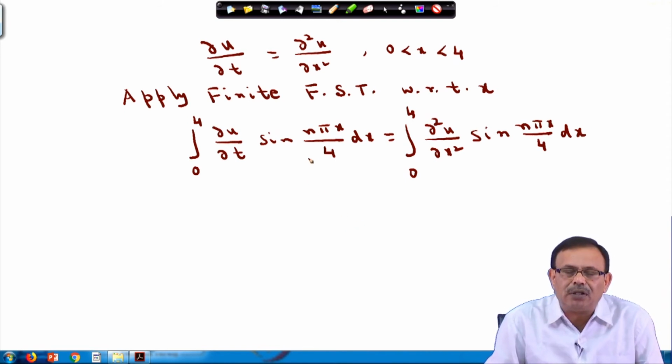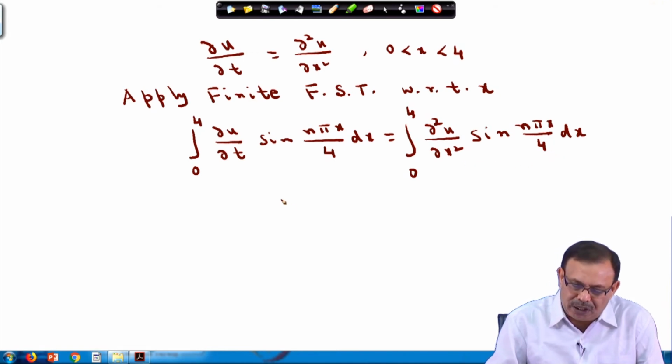Now, you see the integral on the left hand side. After taking the finite Fourier sine transform with respect to x on both sides of the given equation, from the definition of the finite Fourier sine transform, I can write the integral from 0 to 4 of del u del t sin(n pi x by 4) dx, where L is 4, equals the integral from 0 to 4 of del 2 u del x square sin(n pi x by 4) dx.